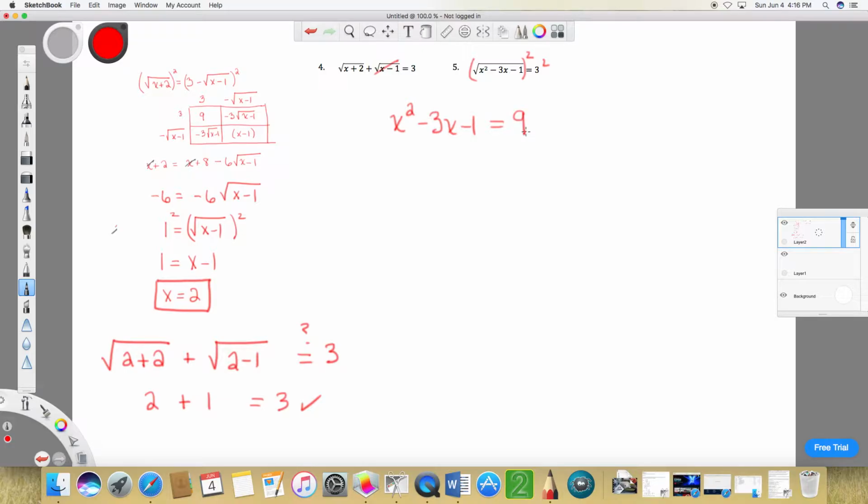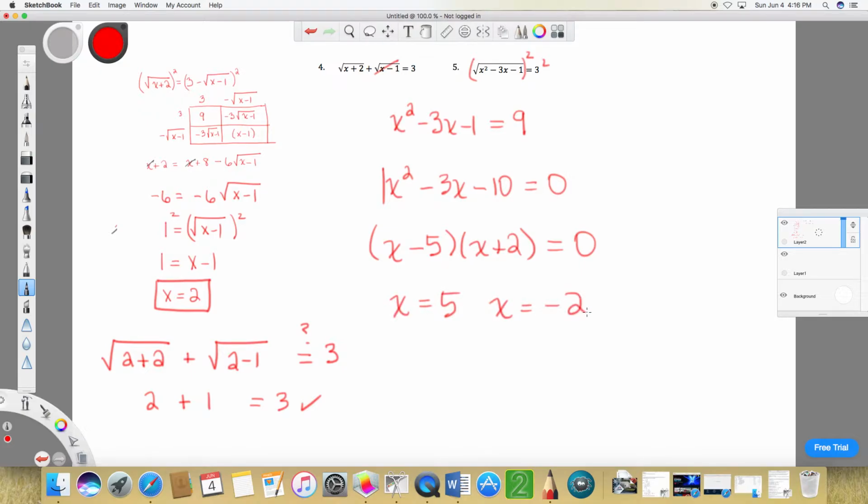It's also easy to not get this in standard form, to not have this equation equal to 0. So we have x squared minus 3x minus 10 is equal to 0. And this we can easily factor to x minus 5 and x plus 2. This gives us possible solutions of positive 5 and negative 2.